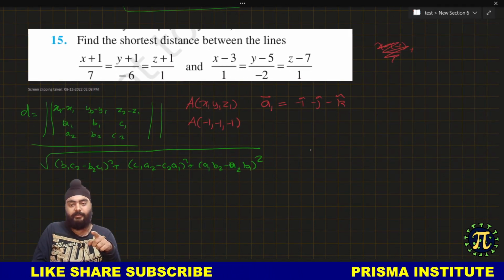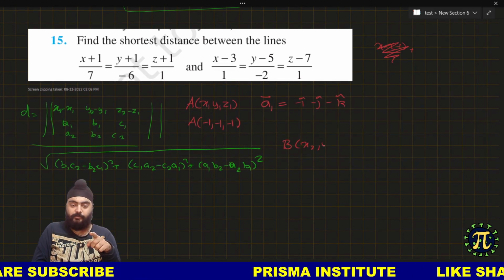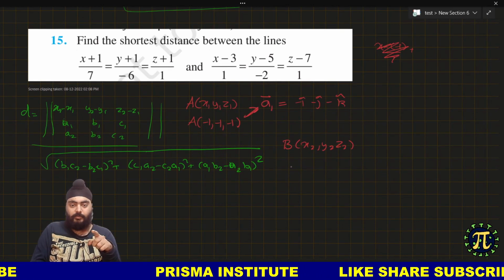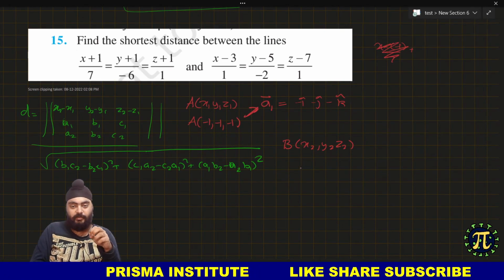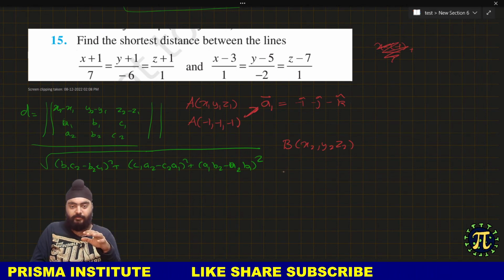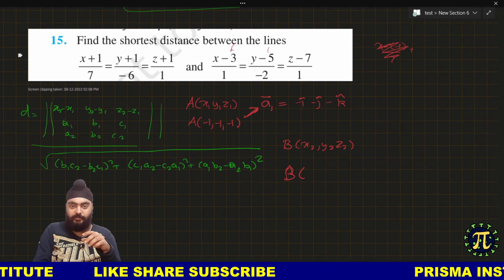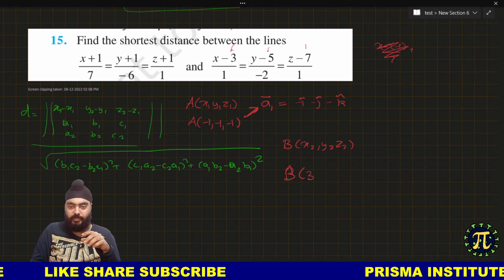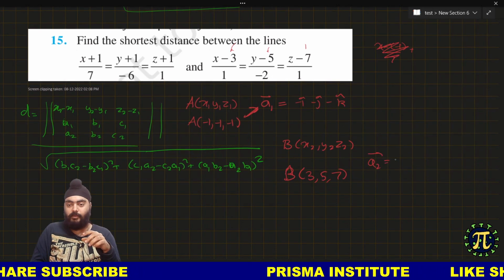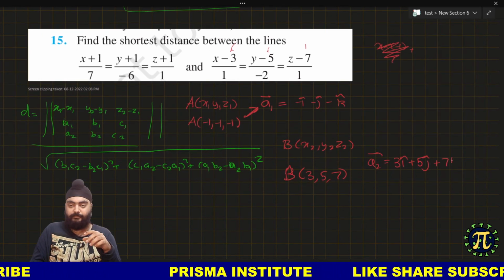Similarly, I can find point B on the line which is x2, y2, z2. So I'm noting numbers from here, 3, 5 and 7. So I find a2 vector as 3i, 5j, 7k.